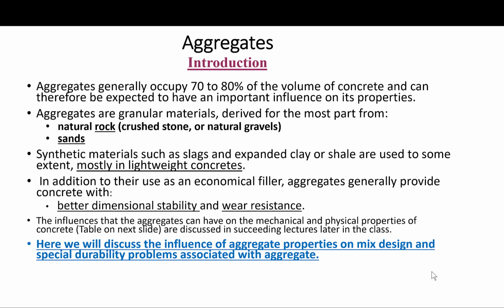They are granular materials derived for the most part from natural rock, such as crushed stone or natural gravels and sands. But synthetic materials such as slags, expanded clay or shale are also used to some extent, mostly in lightweight concretes and the like.